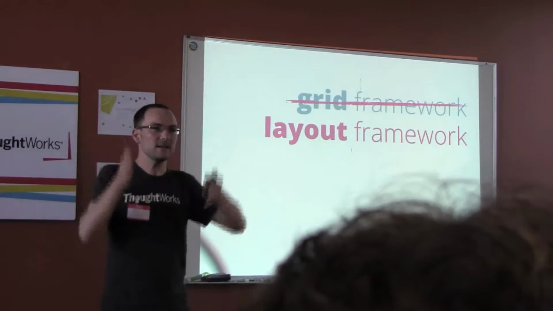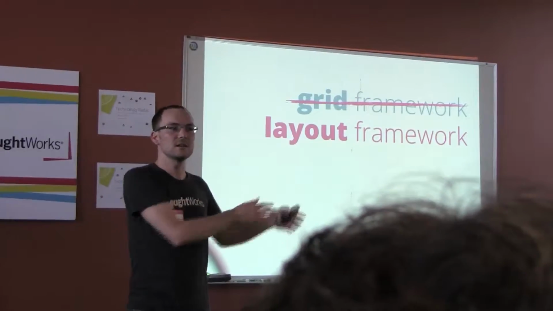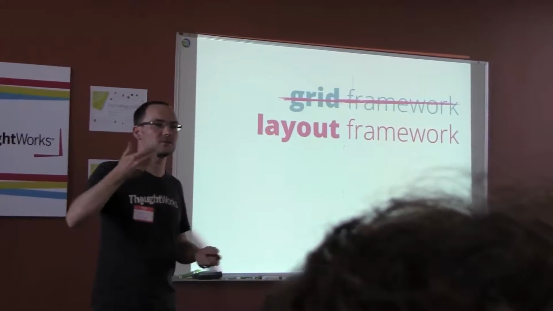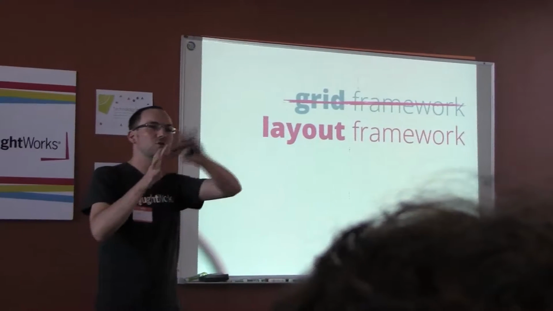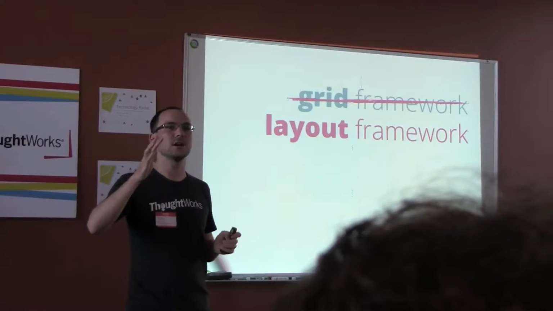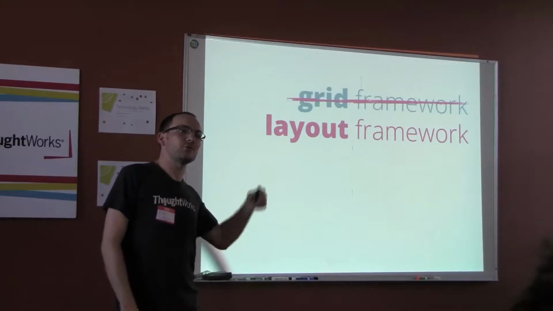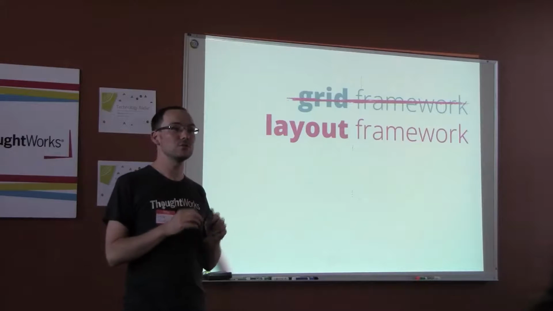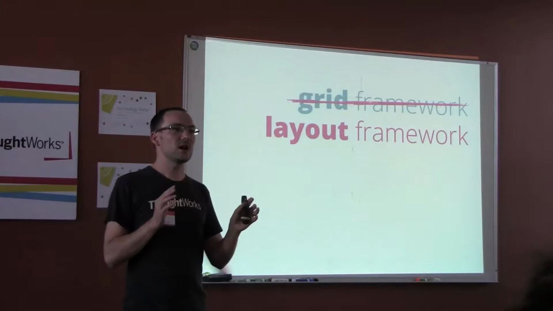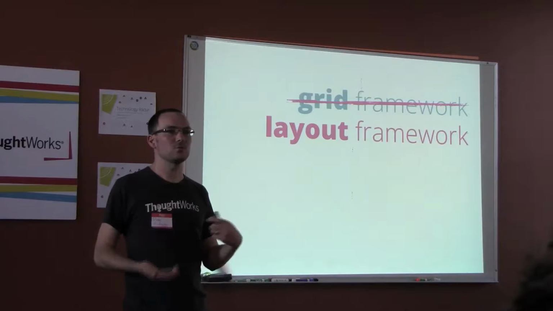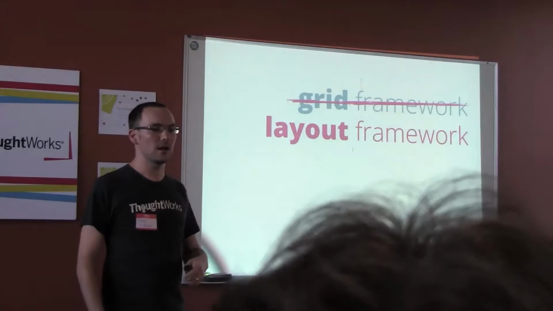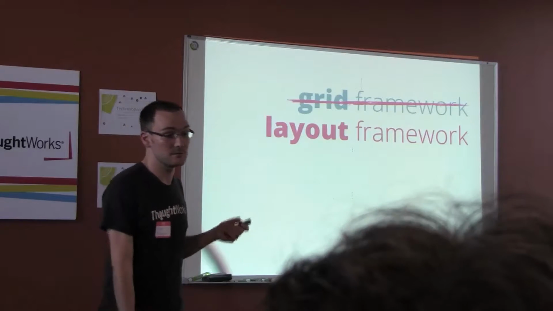So if you're laying these things out in really rigid columns, on a phone you're going to see 2 columns out of the 12 you're supposed to see. So what you actually want to do is fluidly lay this stuff out in a nice way. So there's this new generation of layout frameworks which are like grid frameworks, but they also allow you to do responsive design without having to do a bunch of the work yourself. So the same way that grid frameworks offload this from you, layout frameworks do the same thing for responsive.